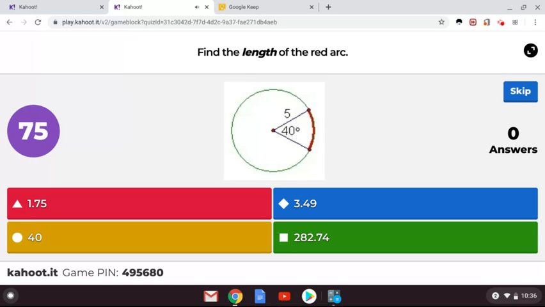I want to make sure that I'm on the right section for this one. This was all 11.1. This seems like a while back.